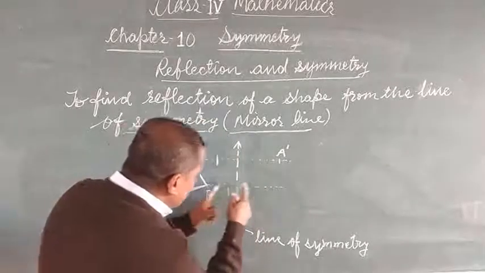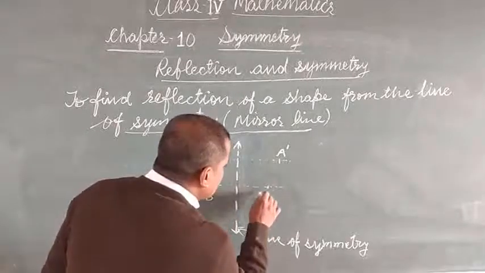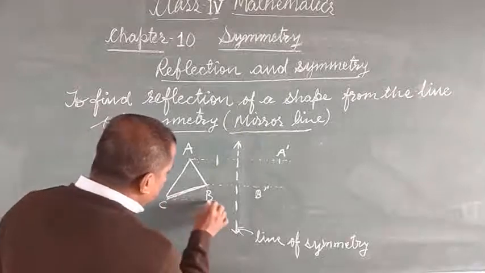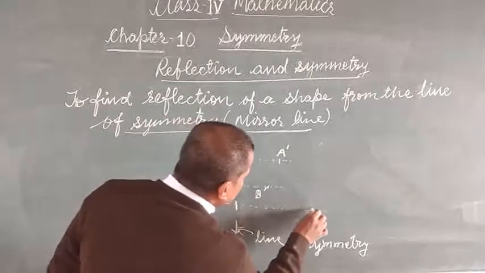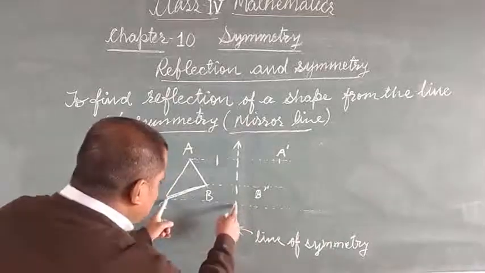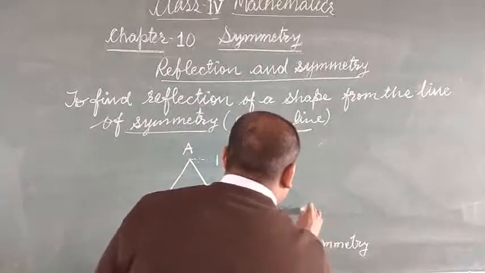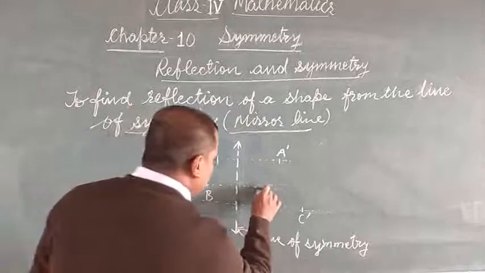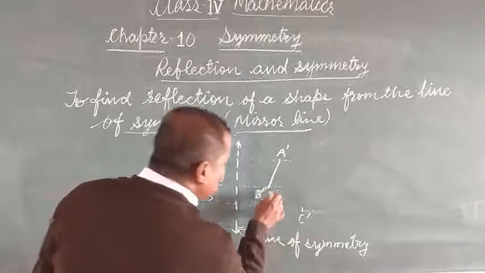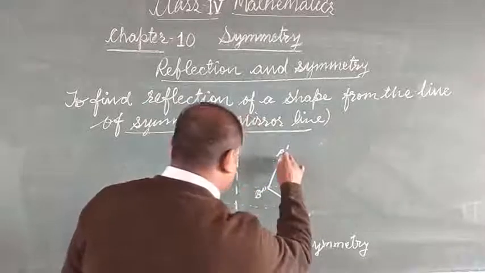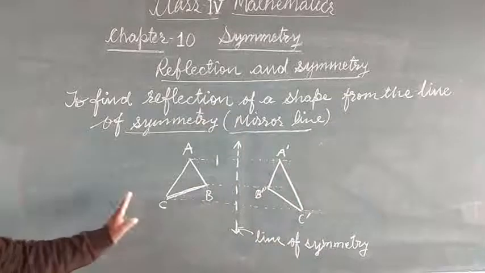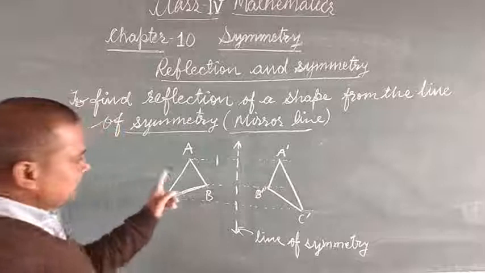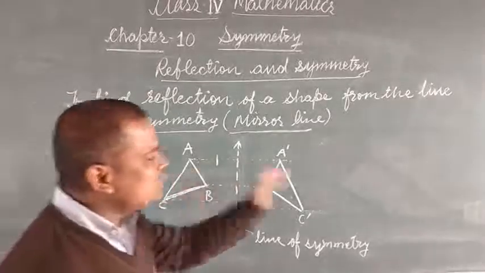Now this length we will cut here. It will be B dash, and from here also we draw a perpendicular line, and we will cut this much distance. We will say C dash. A dash, B dash, C dash. Now we will join these points together. So the reflection of this shape, that is the triangle, is this one.